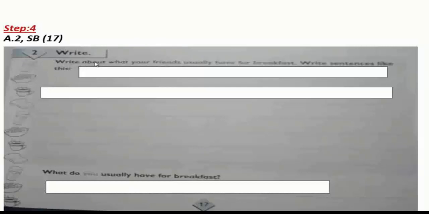Now I want you to read the instruction text. Write about what your friends usually have for breakfast. Write sentences like this. Salim usually has bread, honey, and a glass of milk for breakfast.